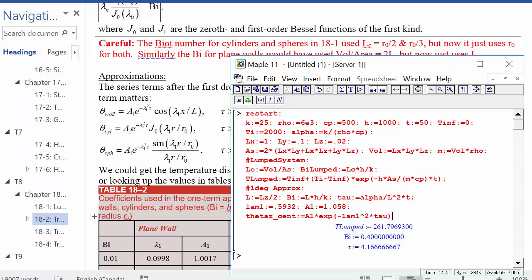And then we have x equal to 0 at the center, so we're substituting in a 0 for that, so we're all good. Okay, so that's theta z center.